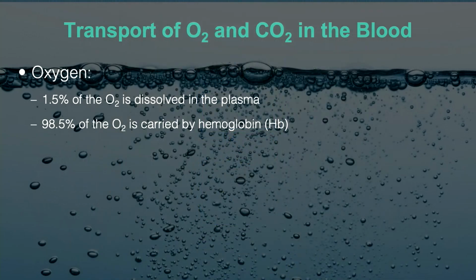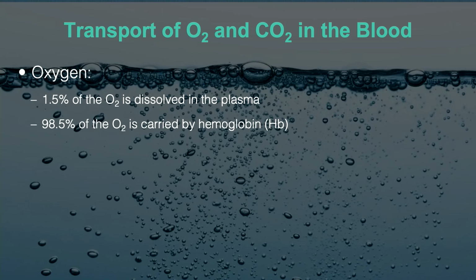Oxygen almost exclusively is carried by hemoglobin. Remember, according to Henry's law, the solubility coefficient dictates whether a gas can be dissolved in a fluid. Plasma has a very low solubility coefficient for oxygen. 1.5% of the oxygen that you breathe and transport is dissolved.